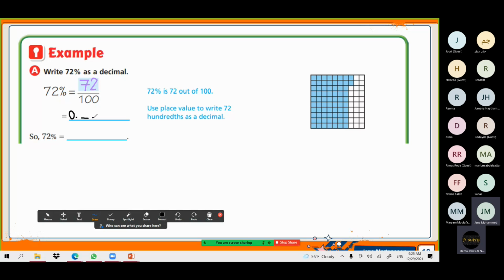So since there are 2, you will write 2 digits. And then you will start filling in the numbers from the right: 2 is here and 7 is here. So 72% as a decimal will be 0.72. So this is how to write a percent as a decimal. This is even easier than the fraction.